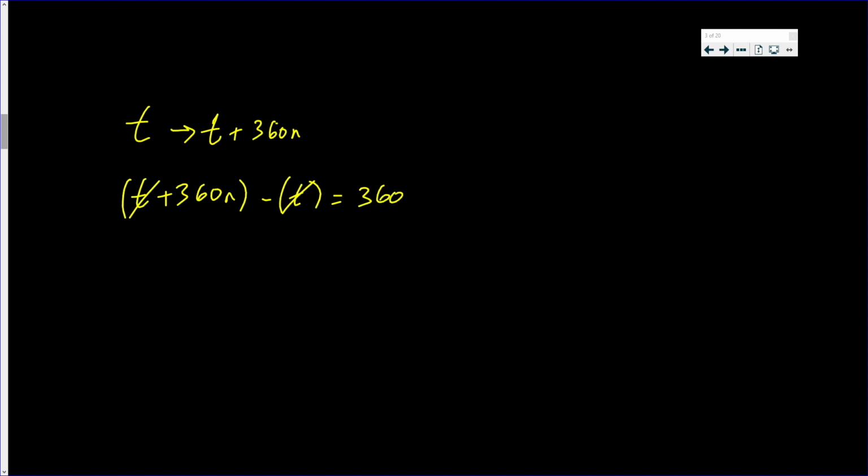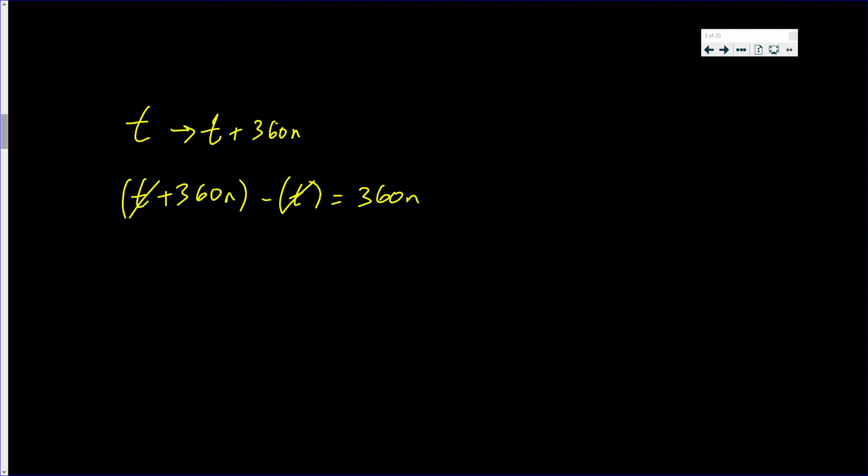Now, if you go from angle T to angle T plus a multiple of 360, that means that the difference between the two angles, the T's cancel, is a multiple of 360.